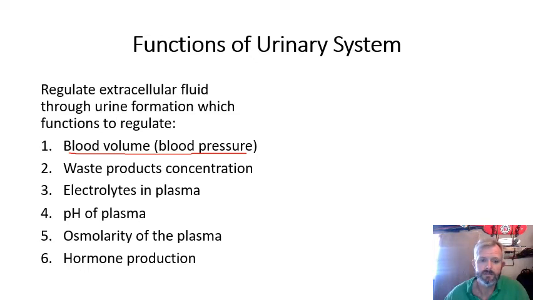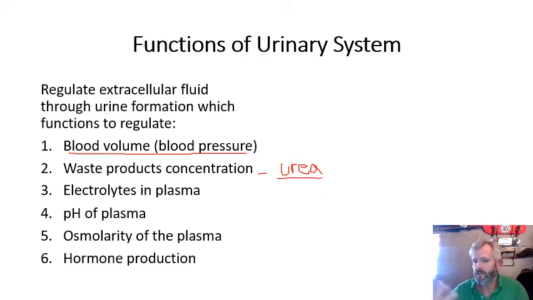Waste products, right? This is the main function everybody thinks of for the urinary system, because one of the main products we have to get rid of is urea, nitrogen waste. If this builds up too much in the body, it can destroy cells. It can be deadly. So we need to get rid of this urea.